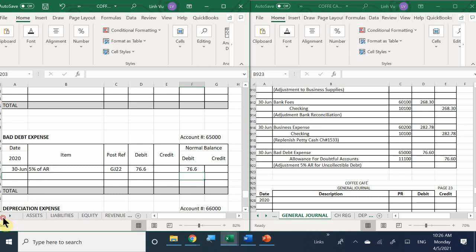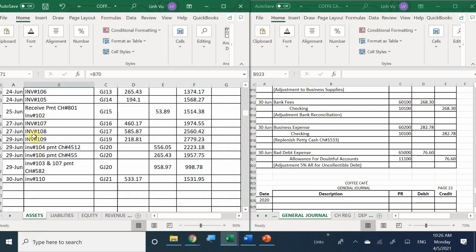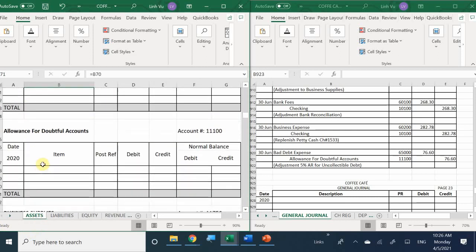And then we need to adjust our allowance for doubtful accounts. Here we are. So here's 630. Once again, I'm going to put adjustment 5% of AR. So this is where we have a credit balance.